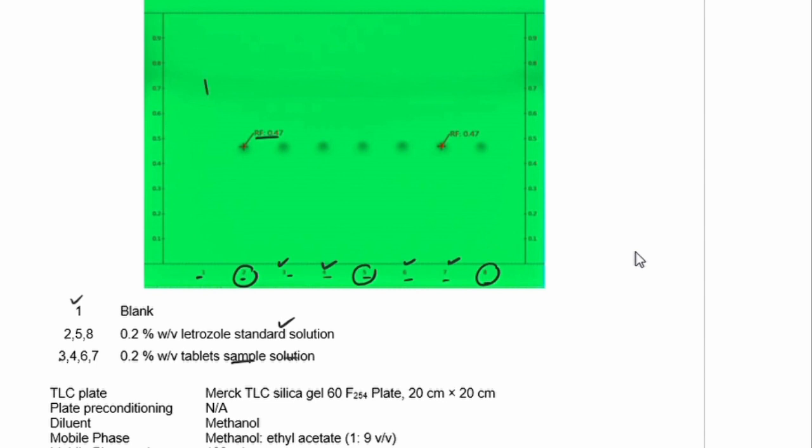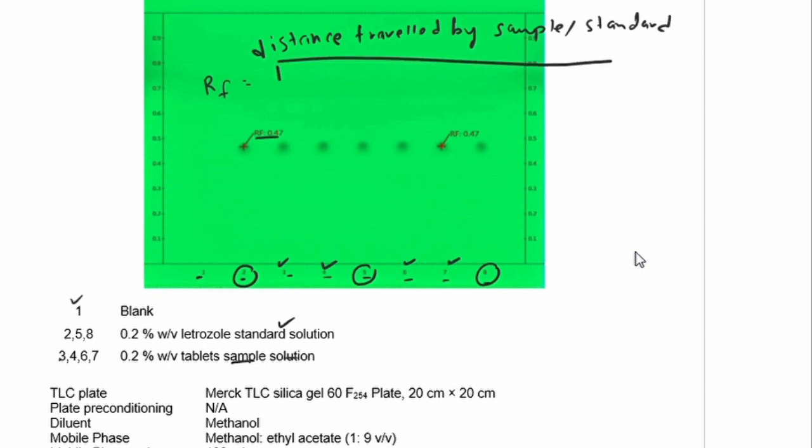RF is basically the distance travelled by the standard or sample. So I will write here: distance traveled by sample, either it's sample or standard, divided by distance traveled by solvent, or particularly we can say the mobile phase.